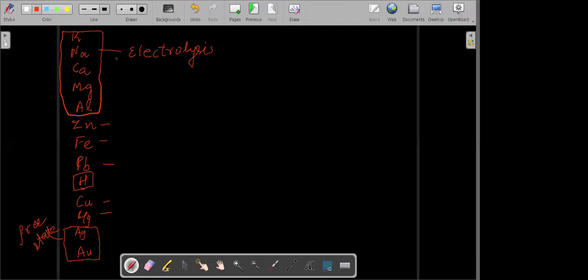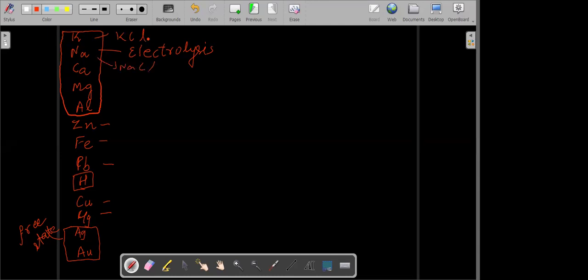So even the highly reactive and the medium reactivity metals occur in the form of compounds. So potassium occurs in the form KCl, sodium occurs in the form NaCl.